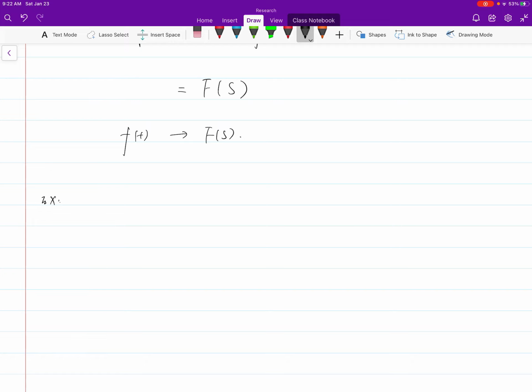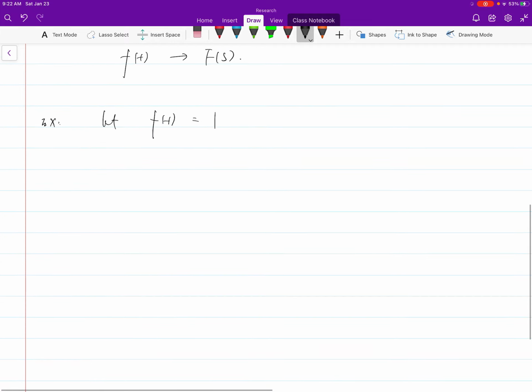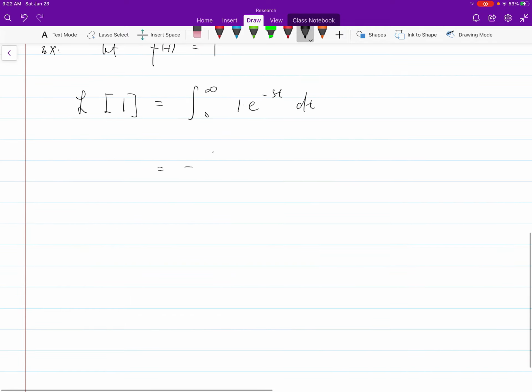Let's take the easiest function we have. Let f(t) equals 1. Therefore, we have the integral of 1 times e to the negative st dt. And then the answer is going to be negative 1 over s e to the negative st. You may want to write it like this, but you realize you cannot evaluate it directly, so you do it with the limit notation.